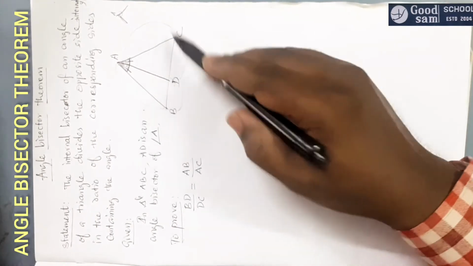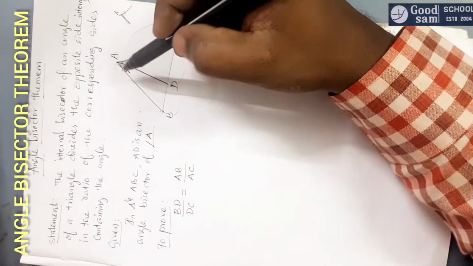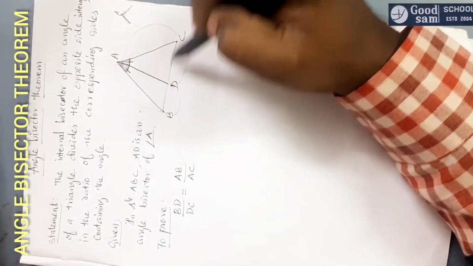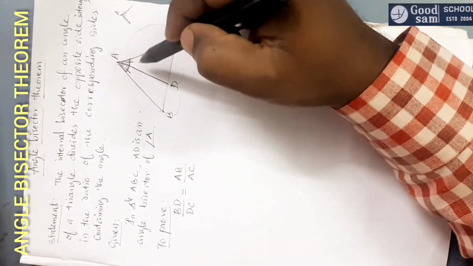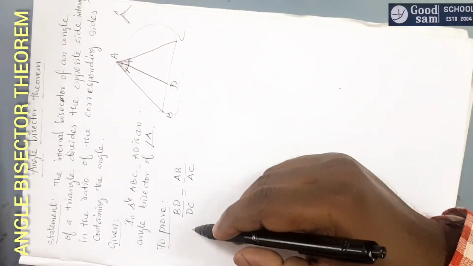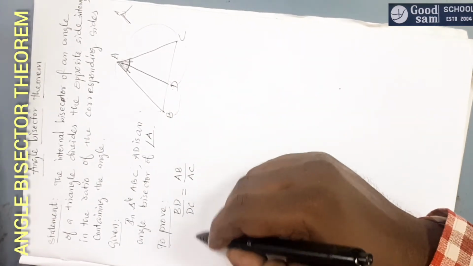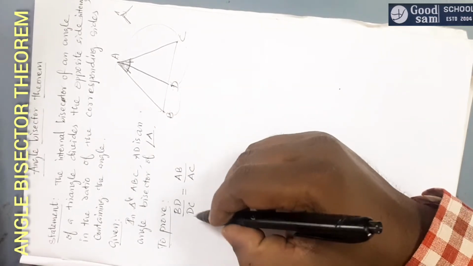If it is true, definitely we can say that this AD bisects the opposite side in the ratio of the corresponding sides containing the angle. So we have to show that BD by DC is equal to AB by AC.